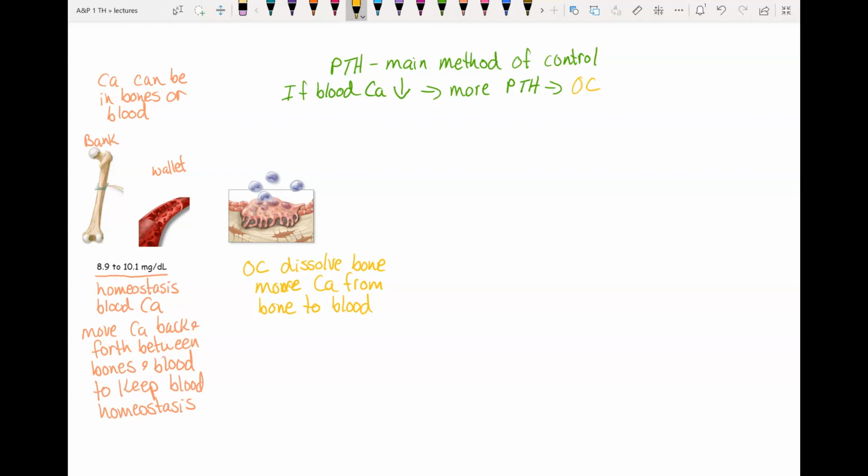So your osteoclasts will work harder and they will dissolve more bone. This will then raise your blood calcium.